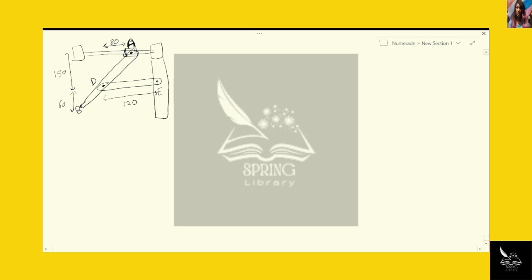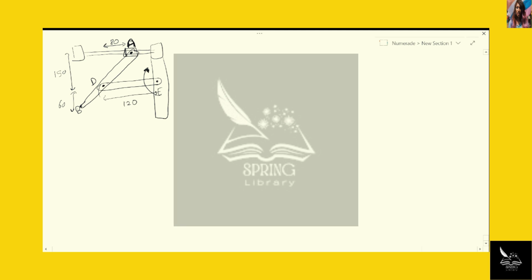Now it is given that at an instant the angular velocity of DE is 2.4 radians per second clockwise, which means this DE, so E is fixed here, D can move with the other rod AB, so the velocity will be around this center, and it's given to be clockwise.